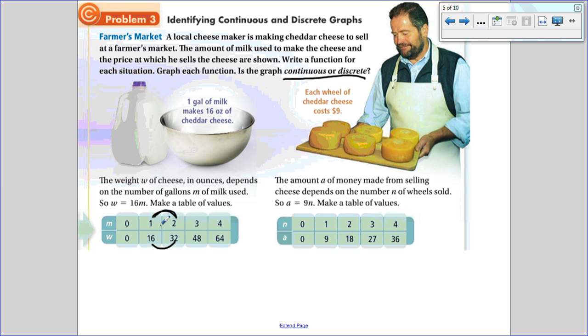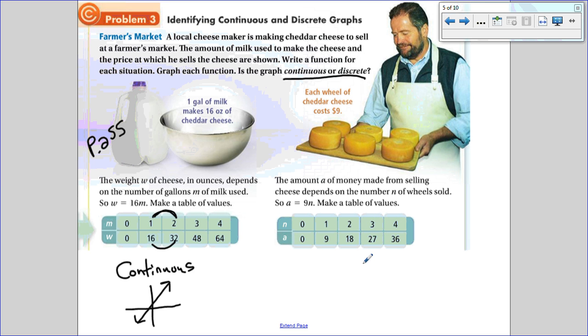Is it possible to add 1.5 gallons of milk? Can you have half gallons? And the answer to that is yes. You could add any amount of milk you wanted. So therefore, this will be continuous, and your graph will look something like this with a solid line to it. And again, this is all on page 255.